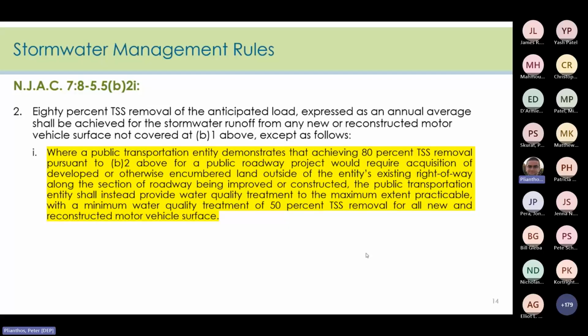Where a public transportation entity demonstrates that achieving 80% TSS removal pursuant to B2 above for a public roadway project would require acquisition of developed or otherwise encumbered land outside of the entity's existing right-of-way along the section of roadway being improved or constructed, the public transportation entity shall instead provide water quality treatment to the maximum extent practicable, with a minimum water quality treatment of 50% TSS removal for all new and reconstructed motor vehicle surface.